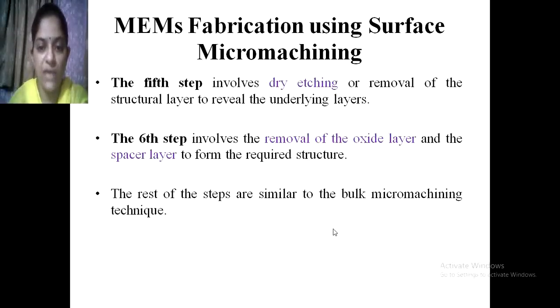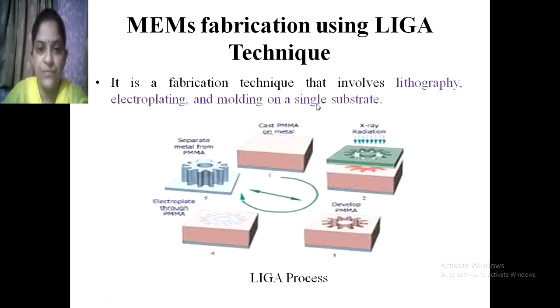After that, removal of the oxide layer and the spacer layer to form the required structure. Up to this, it is the surface micromachining. Then after these steps, the rest of the steps are similar to bulk micromachining techniques.